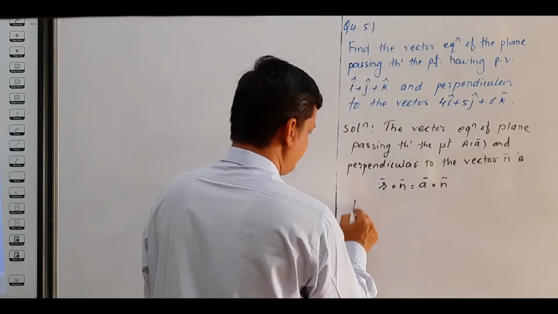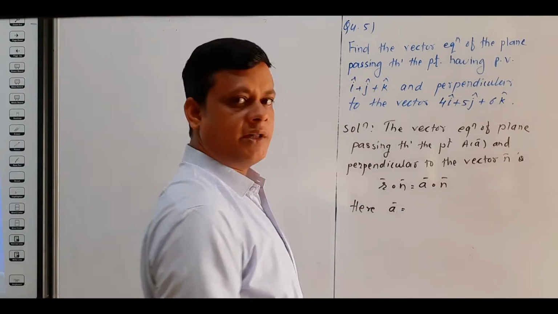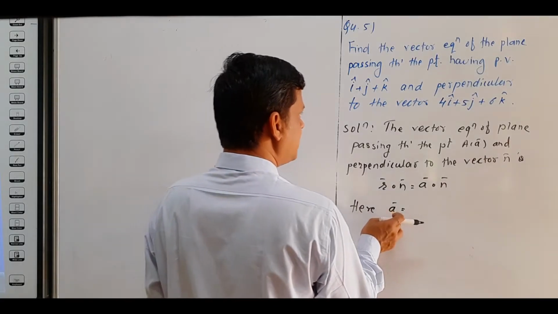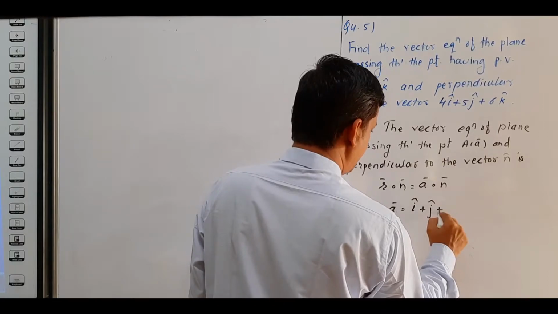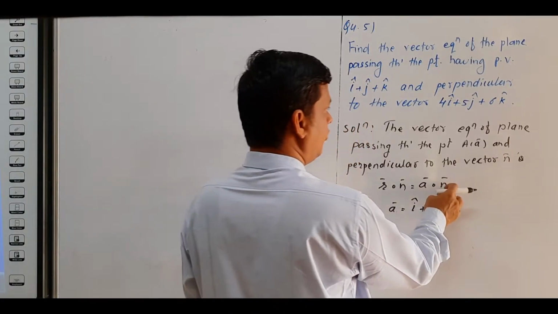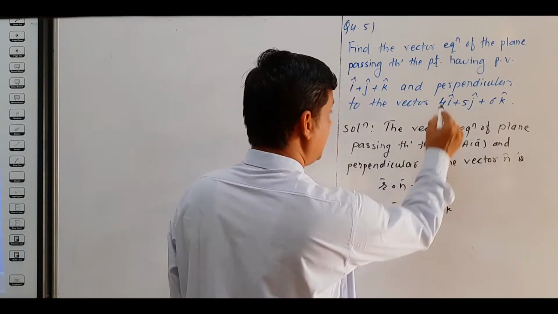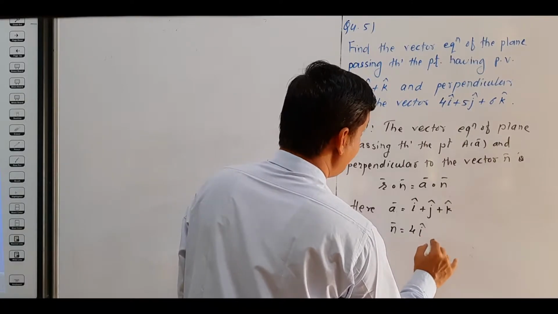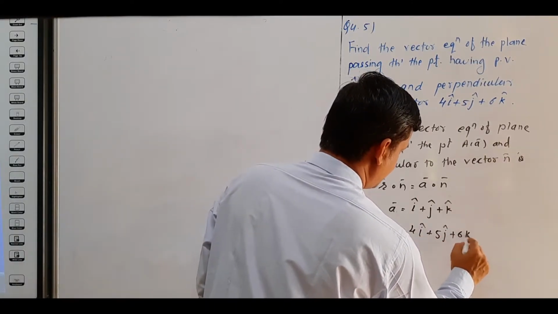So here position vector of a point is given, that means value of a bar is given. So a bar equals to i plus j plus k, and perpendicular vector, that is value of n bar, so n bar is equals to 4i plus 5j plus 6k.